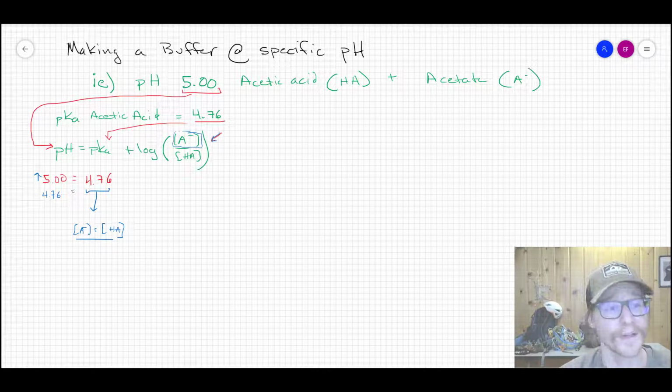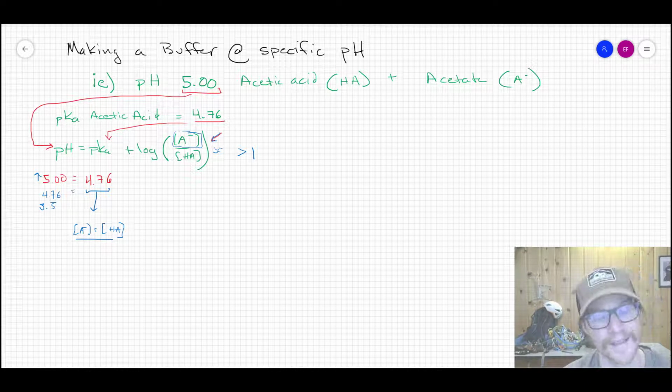So we would expect the ratio of these two things to be greater than 1, meaning there's more A minus than there is HA. So this is a good way to start thinking intuitively about this. If we had a pH that was less than 4.76, maybe it was 3.5, then we'd expect the ratio to be less than 1. We would have more acid in the system to create a pH of that nature.